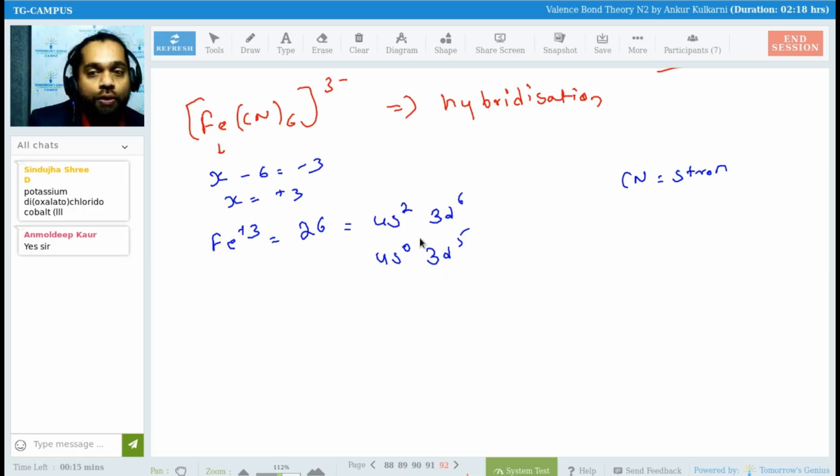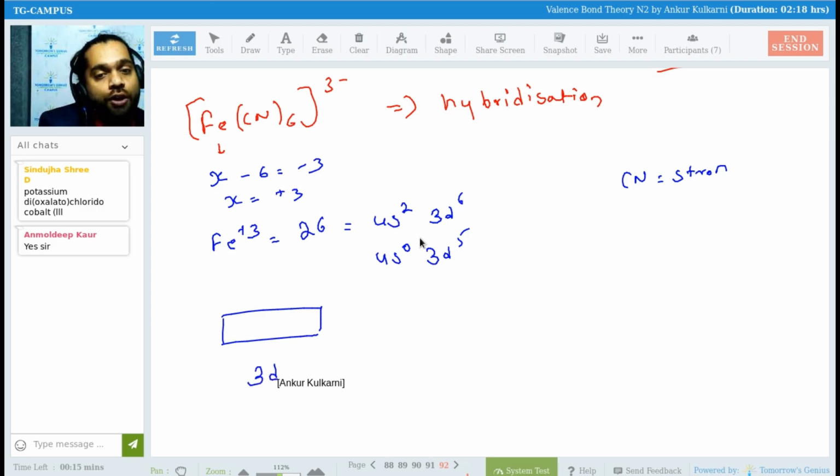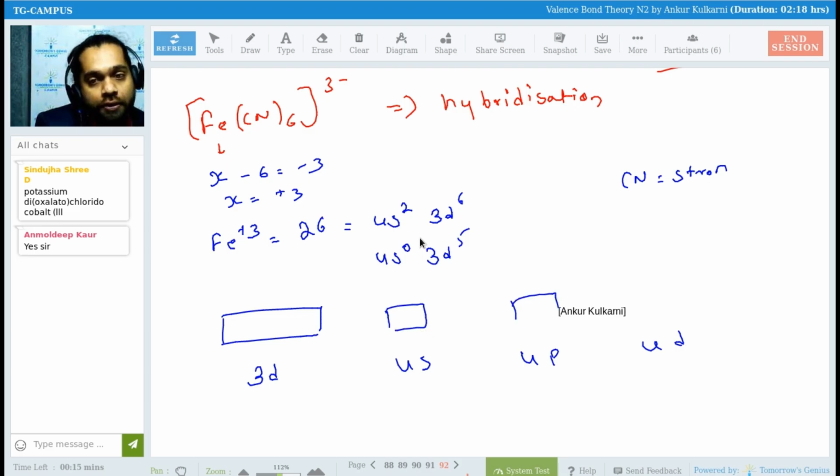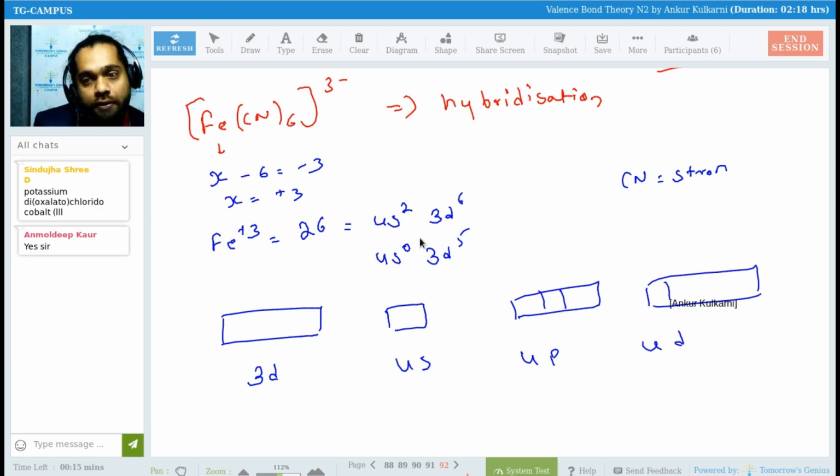Okay, for example, what will happen over here? In this, I have 3D. I have to go in this order: 3D, 4S, 4P, 4D. No matter what, I have to go in this order. Over here 1, 2, 3, 4, 5.